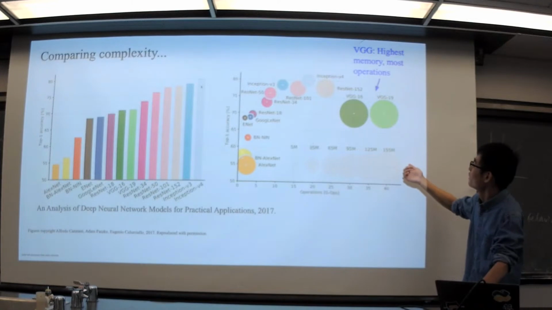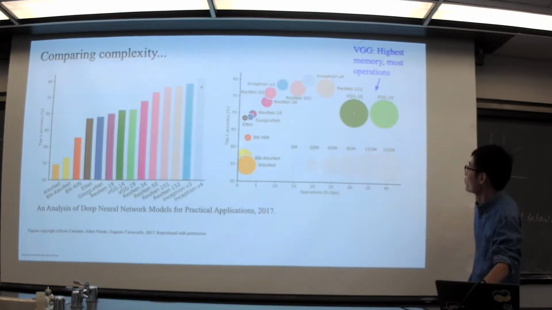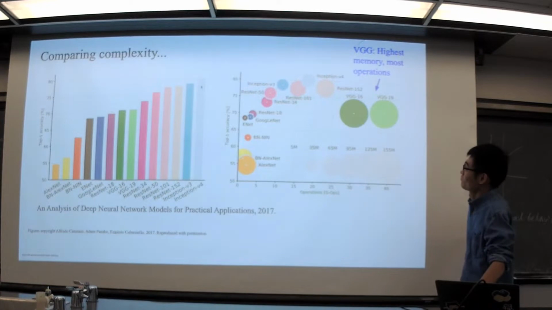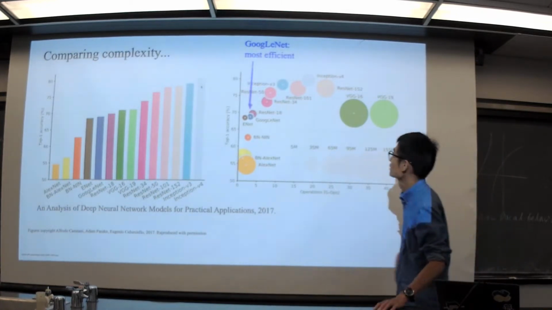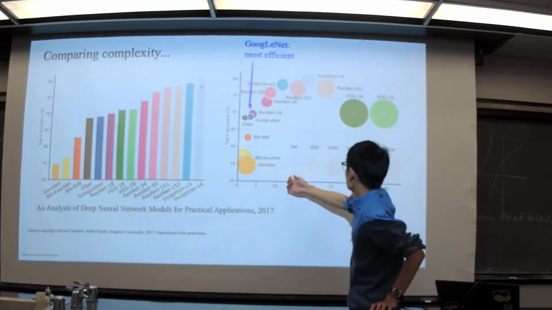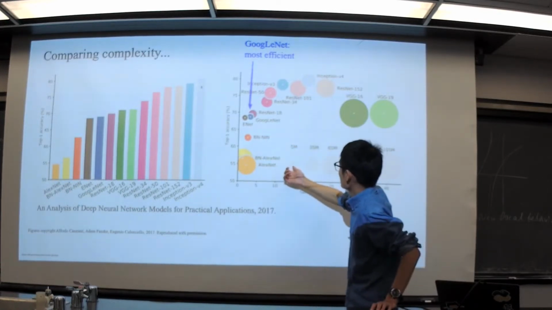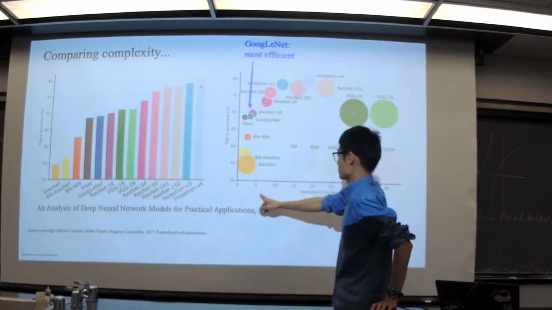Both VGG19 and 16 have the highest memory and the most operations, which means they are time costing and memory heavy, with worse accuracy. Here's GoogleNet. It's the most efficient one because it has very few parameters and very few operations.